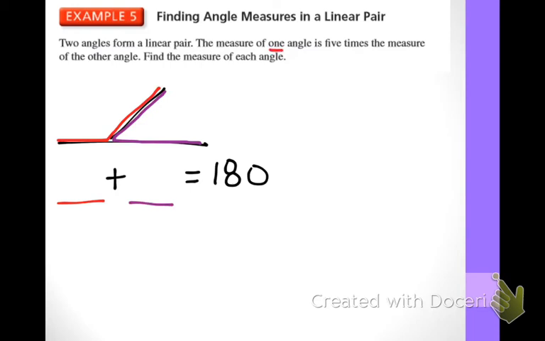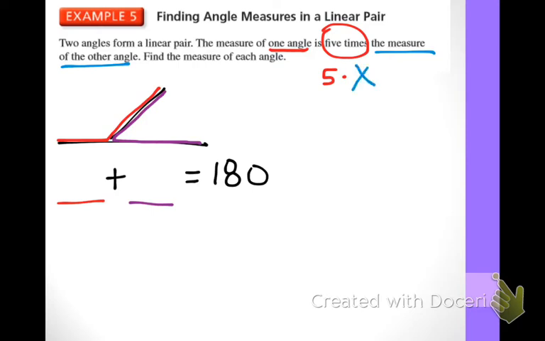The measure of one angle is 5 times. So when we say 5 times, does that mean 5 plus, 5 minus, or 5 and then multiplying? 5 times the measure of the other angle. Do we know the measure of the other angle? No. So what do we call things in math that we don't know?